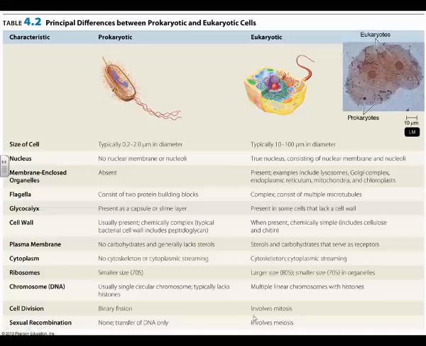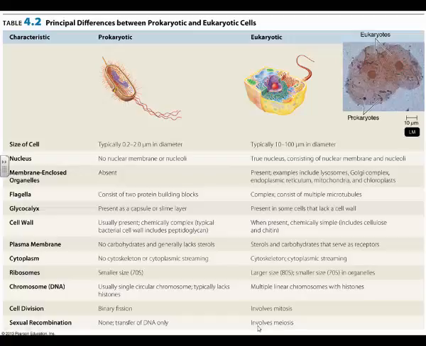Some yeasts also carry out fission, but the vast majority carry out some form of mitosis. And this binary fission form of cell division is an asexual form of reproduction that occurs in prokaryotic cells. The only way that they can really have a large change in their DNA is through this sex pilus that I mentioned, through a DNA transfer mechanism that we call conjugation that we'll learn about later in the semester.